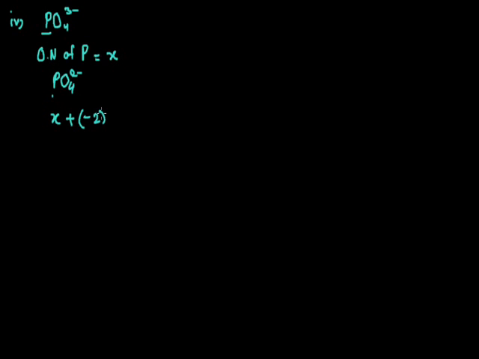Here 4 atoms of oxygen are present, so we multiply it by 4, and it is equal to the total charge. X minus 8 is equal to minus 2, or X equal to minus 2 plus 8, which is equal to plus 6. So we can say that the oxidation number of phosphorus in the phosphate ion is equal to plus 6.